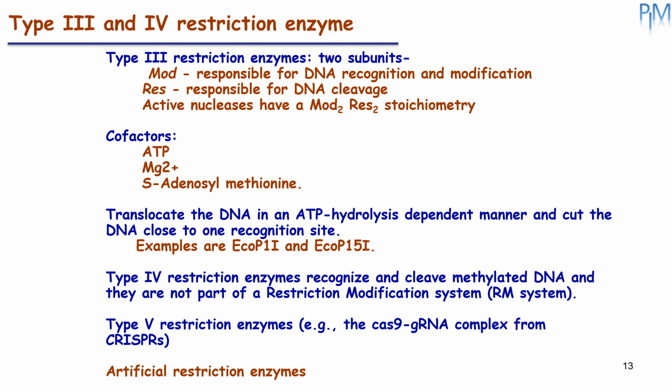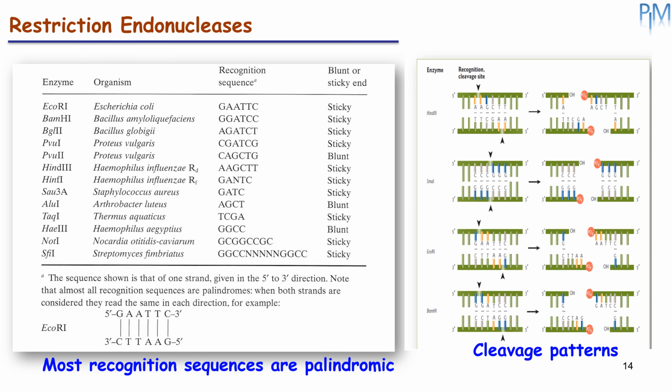Then there are artificial restriction enzymes, which can be generated by fusing a natural or engineered DNA binding domain to a nuclease domain. This is an interesting table which represents the most popular restriction enzymes with their specific cutting sites. Most of the recognition sequences are palindromic.